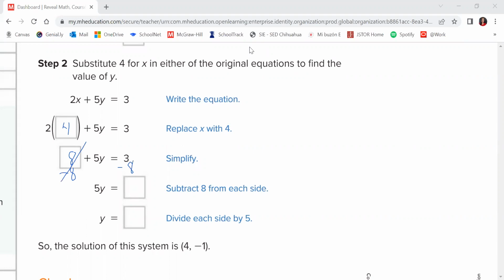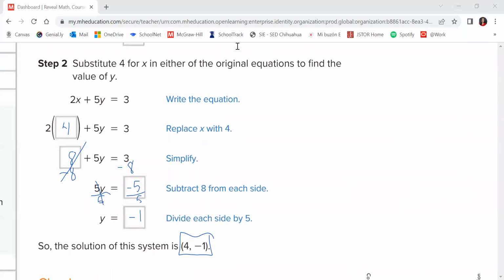So 5y is equal to negative 5. So y, we're going to divide both sides by 5 to eliminate the 5. So y would be equal to negative 1. So the solution for this system of equations is (4, negative 1).